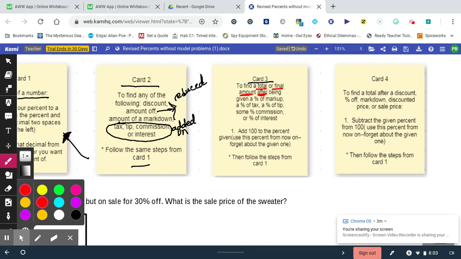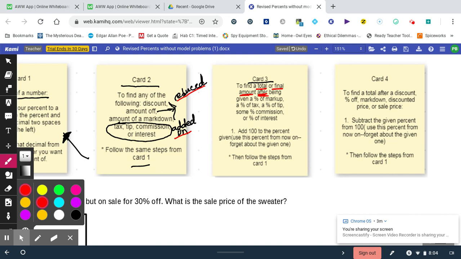So I want you to notice these words in here: markup, tax, tip, commission, interest. They look like the words that we see in card 2, but there's one difference between card 2 and card 3. Card 2, you're only looking for the reduced amount or the amount that's added on. On card 3, you're not looking for the reduced amount or the amount added on. You're looking for the total after the reduced amount or after the part that's added on.